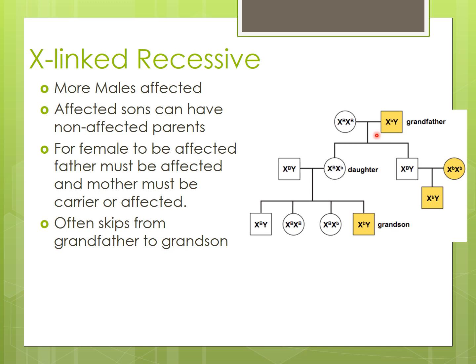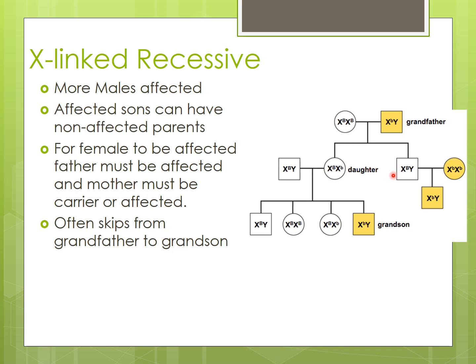Now this grandfather and grandmother had offspring, leading to a daughter and a son. The daughter is carrying a dominant and recessive allele, but the recessive allele is being masked by the dominant allele on the X chromosome.